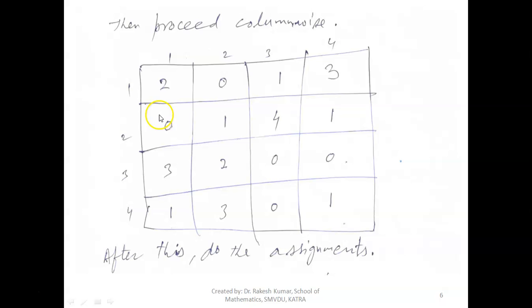Put this inside the circle, and see in the particular column if there is any other 0. No 0, so no problem.